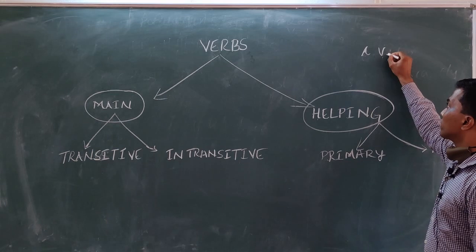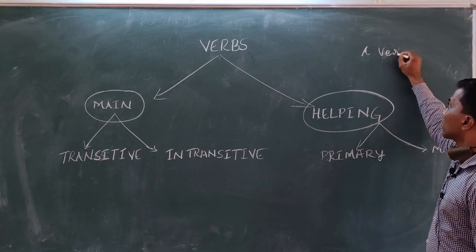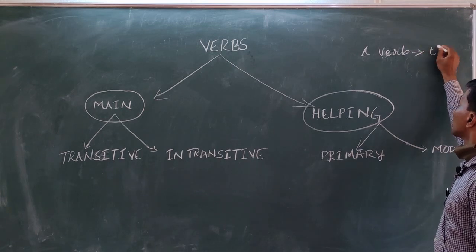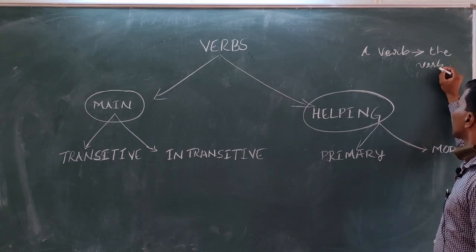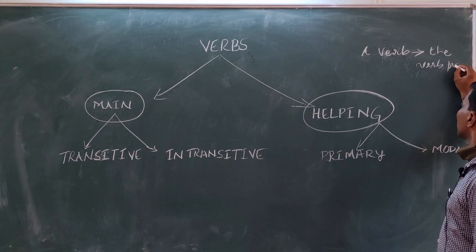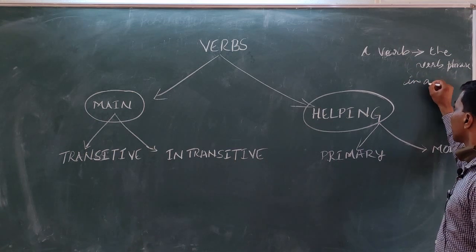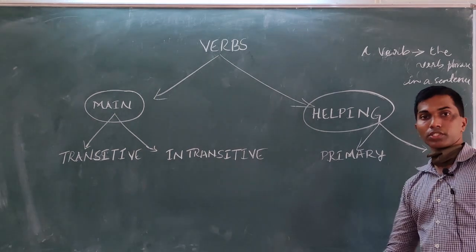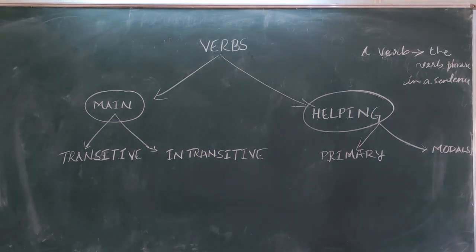A verb, any verb for that matter, becomes the verb phrase in a sentence. It's very important. That's why we better look at this categorization, this division.